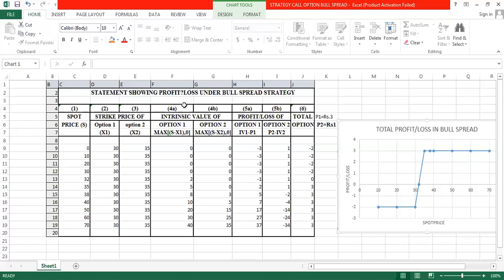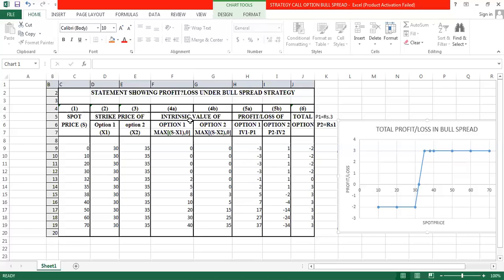Now our calculation begins from column 4A and onwards. 4A and 4B indicate the intrinsic value of option 1 and option 2. Intrinsic value indicates the value of the underlying asset's right in the option. That means the option buyer will apply his right only when the intrinsic value is positive.